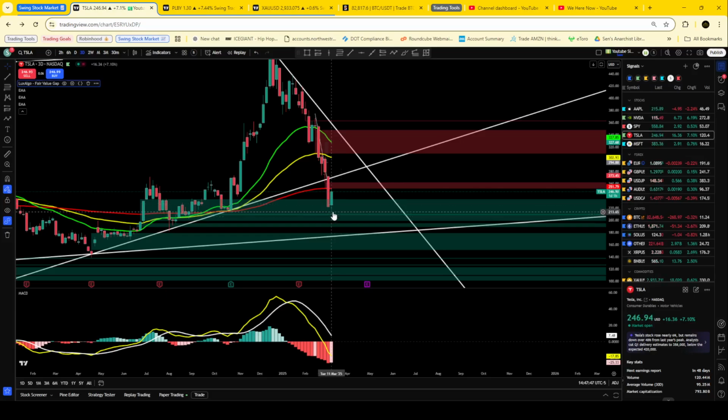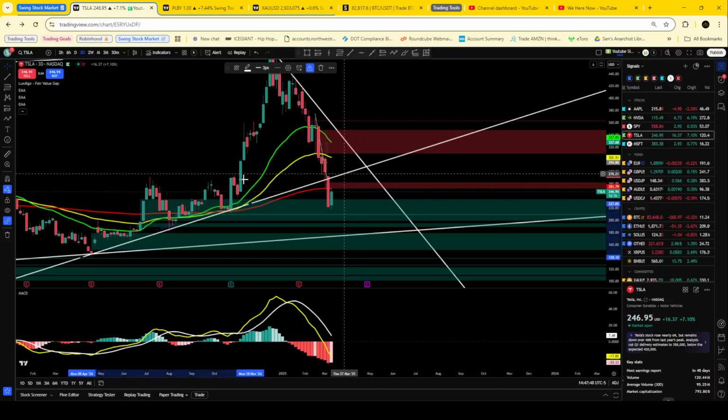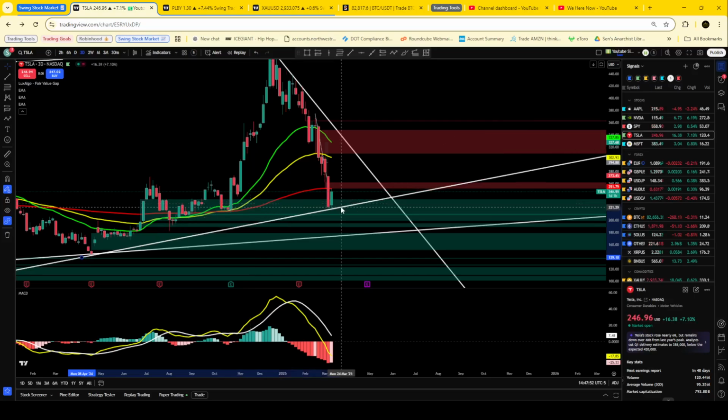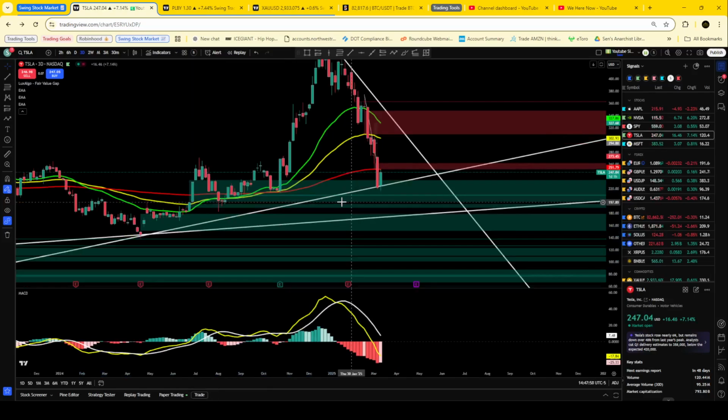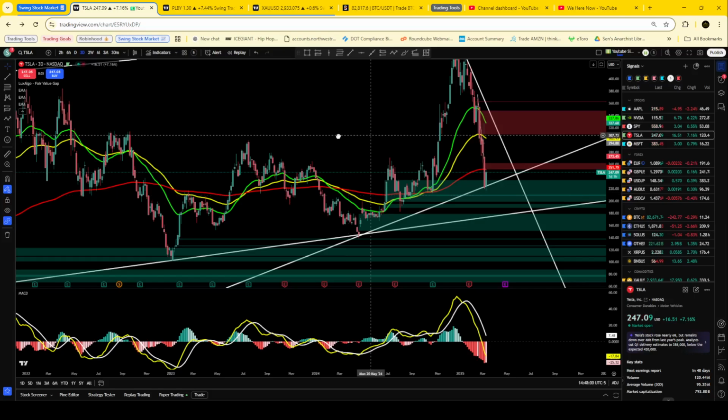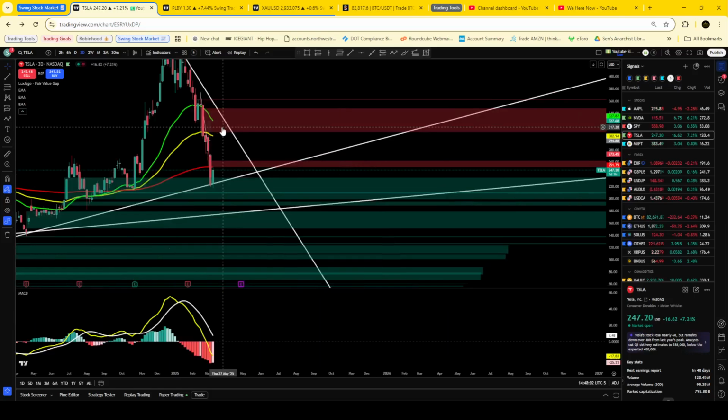Let me move this trend line down to here. It's only 3 touches, but a 3 touch trend line is a trend line, if that makes sense.